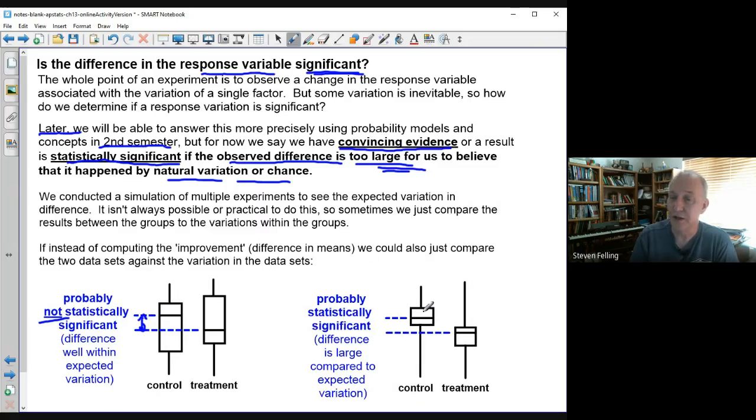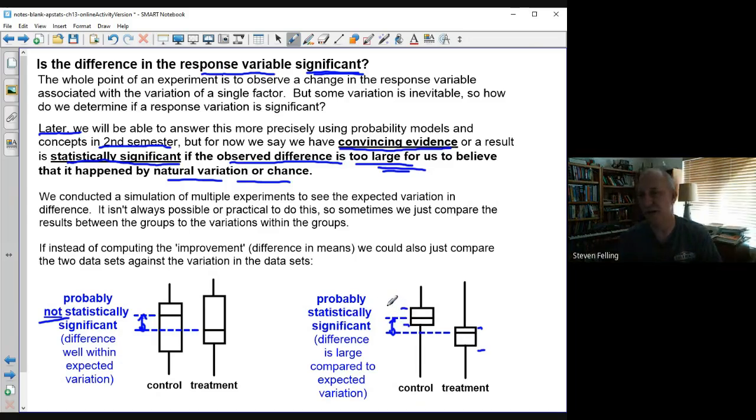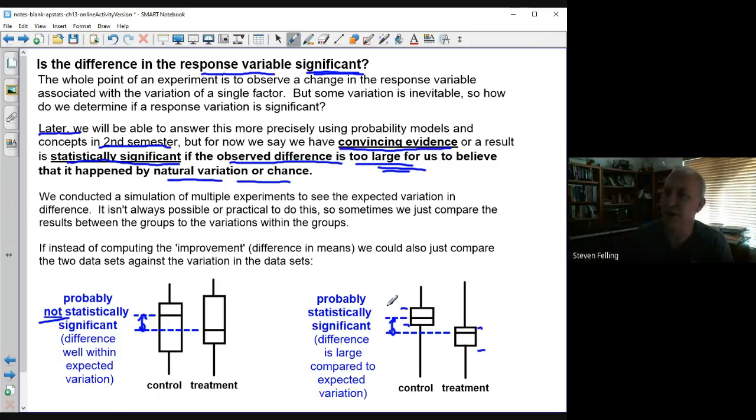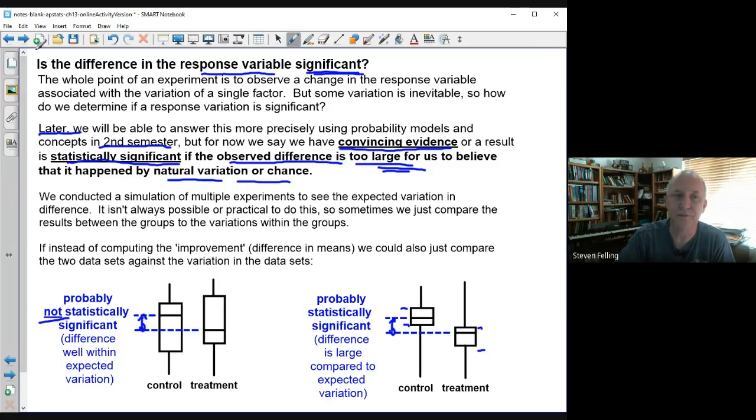On the other hand, if we had a pretty tight grouping here, where most of the people scored between there and there, and then there was this much difference, well, that difference now looks pretty large in comparison to the difference here. So we would maybe say that difference is statistically significant. So that's a kind of hand-wavy answer, but second semester we'll be able to answer very precisely whether or not that difference is big enough to consider statistically significant.